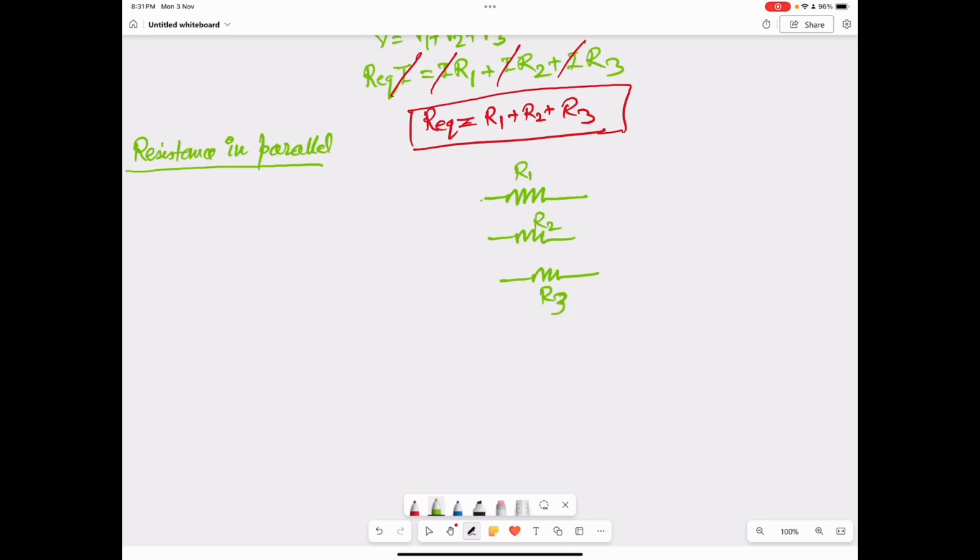If I connect one end of all these resistances to each other and the other end to each other, I will call one point A and this point B. Then we say that this combination is a parallel combination.